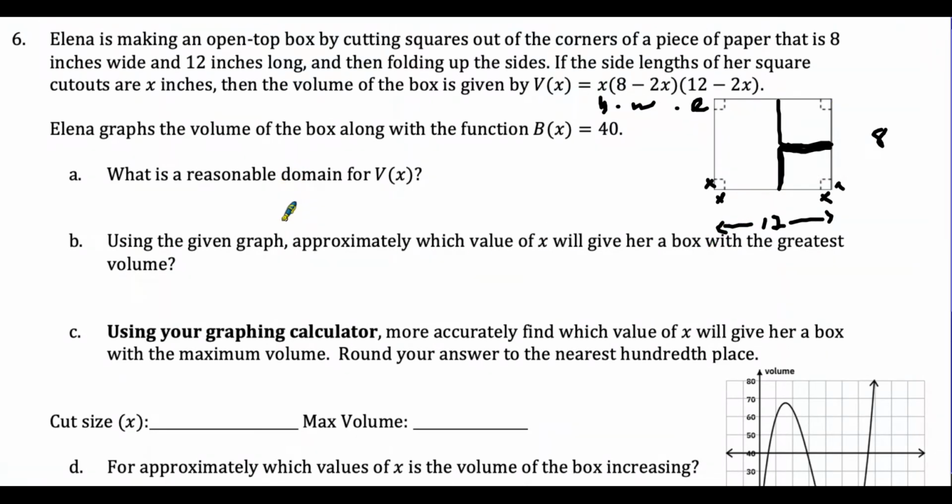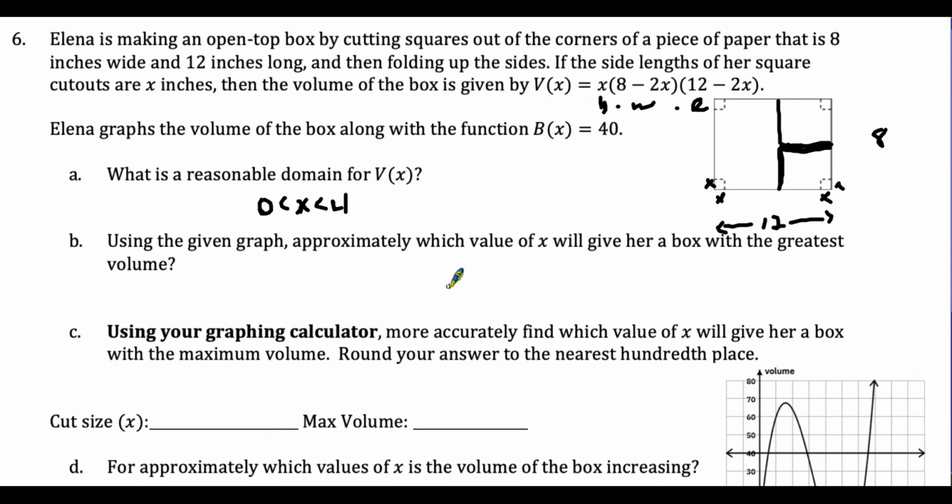So I can write my domain to say that x is going to have to be bigger than 0, but smaller than, in this case, 4, because my shortest side is 8. So if I'm cutting out a square from each corner, I can't make a square that is more than half of the shortest side. So my domain is just going to be 0 to 4.